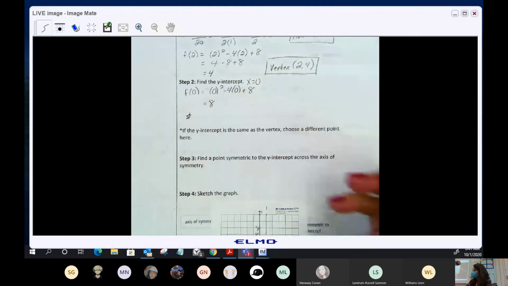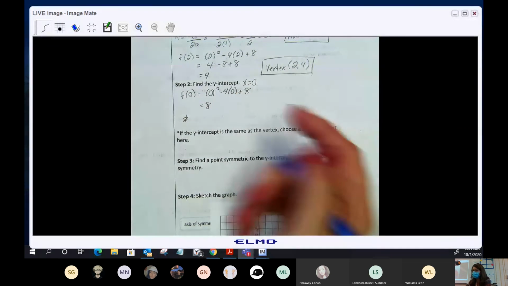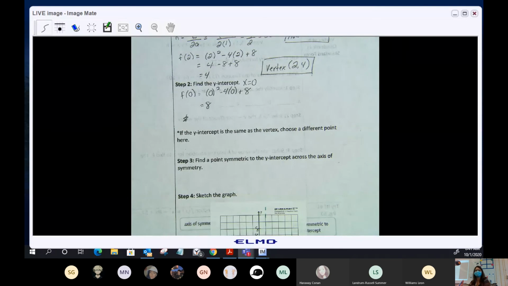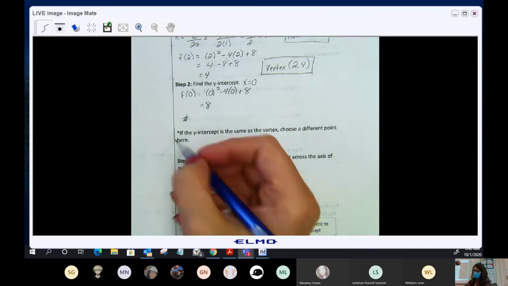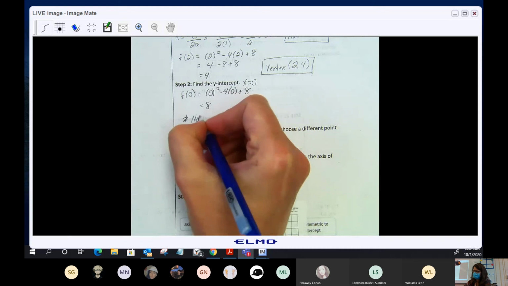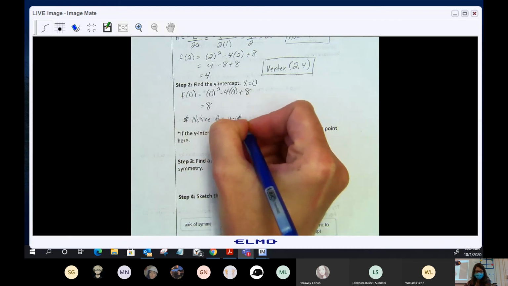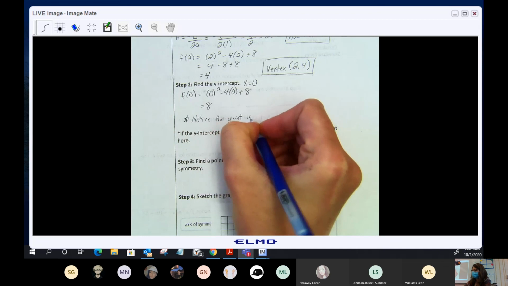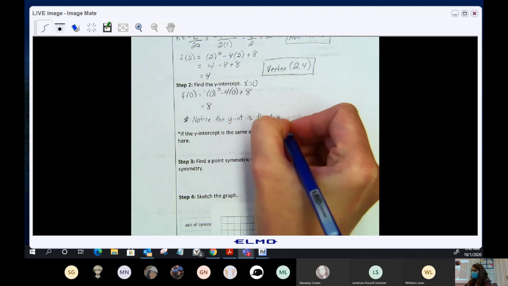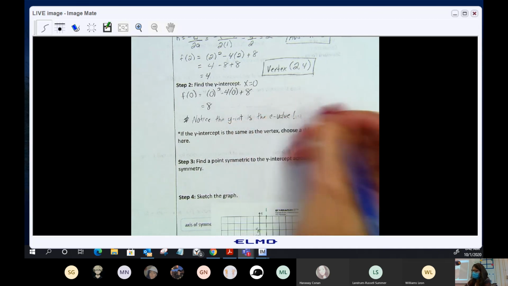It will always be the c value, because if you think about it, when you're substituting in 0 for x, anything in standard form, any term that has an x in it goes away. So then all that's going to be left is that c value. So notice the y-intercept is the c value, and that will always be the case.